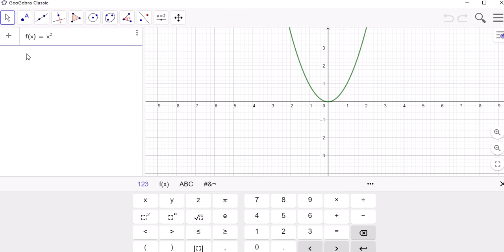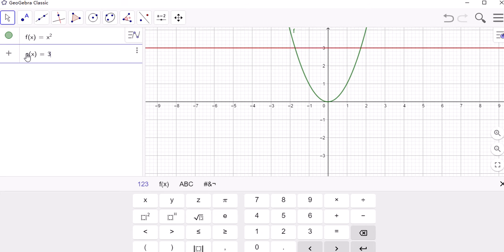Next, input the family function p(x) equals 3 times (x minus 2) squared minus 1. And we can see this parabola here.